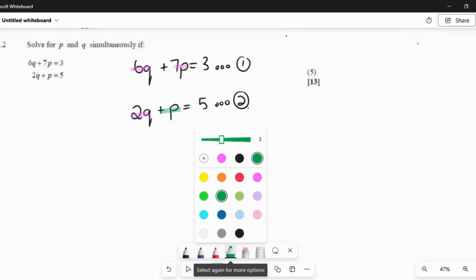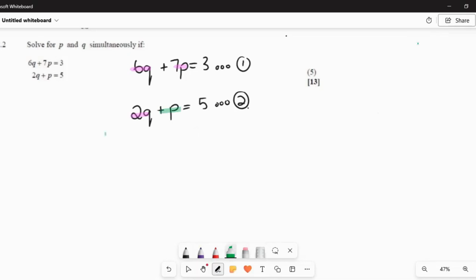So that one is the one that we are going to choose and make the subject of the formula by saying, therefore, we'll have p is equal to 5. Then we take this 2q over to the other side, then we're going to have minus 2q. Then it becomes our third equation.